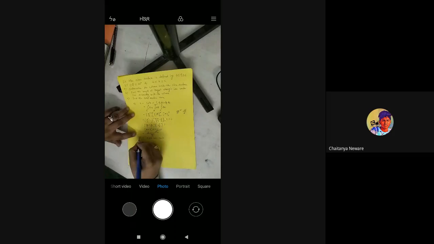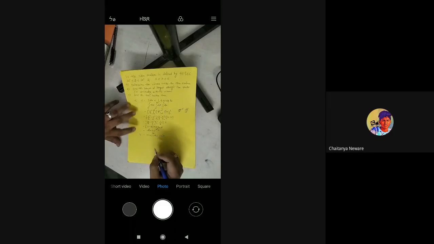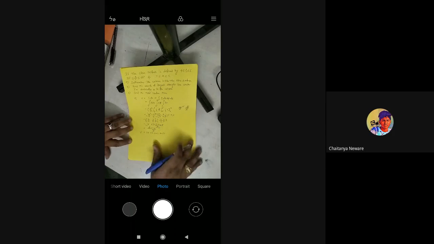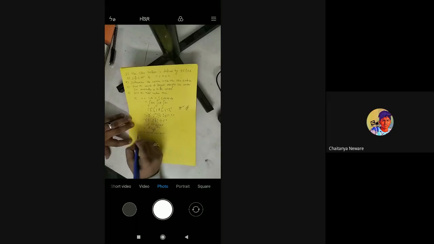This is the volume of the closed surface. So this is your volume.